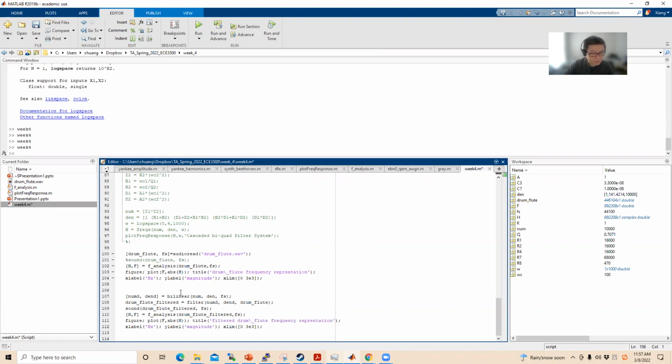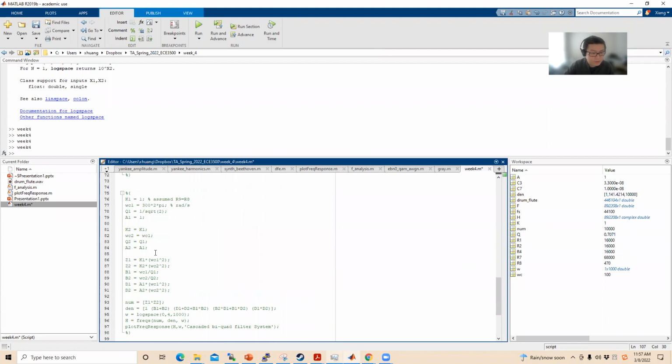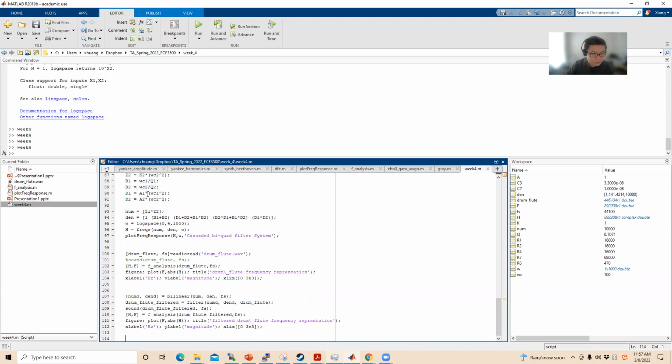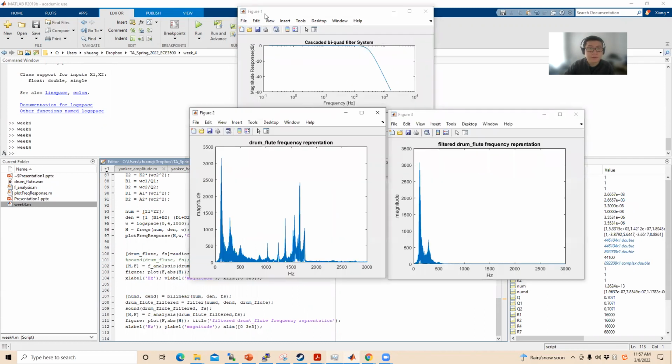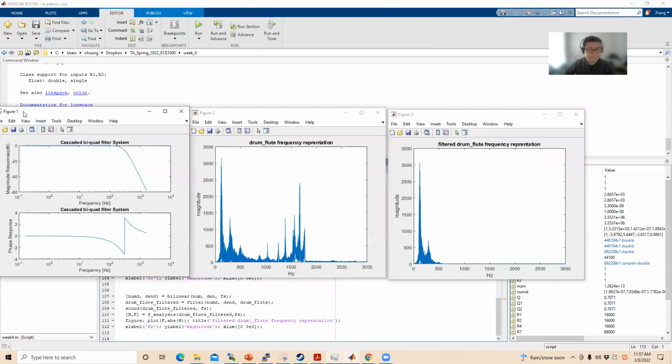Here I have defined my filter's numerator part and denominator part, and they come from the two biquad filters. Yeah, you can listen to this music right now.